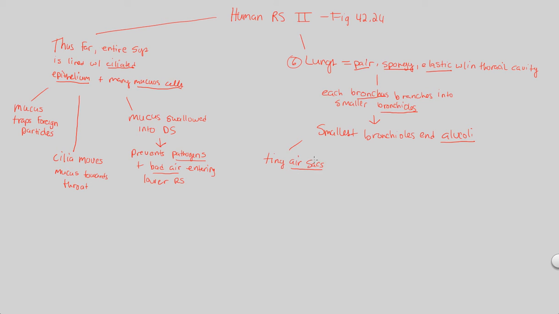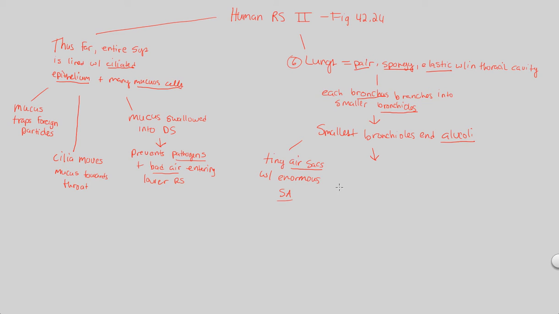They're tiny because they're at the smallest ends of the branches, so they're full of air with an enormous amount of surface area. So they are going to definitely be involved in lots of exchange of gases, an enormous amount of surface area.